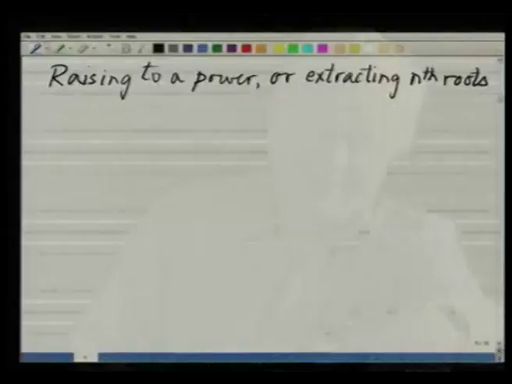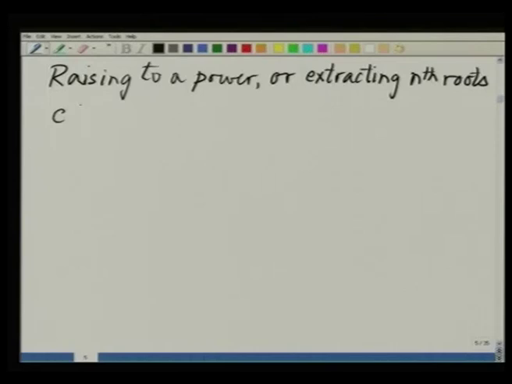So, how do we raise a certain complex number, say c, to the power n?